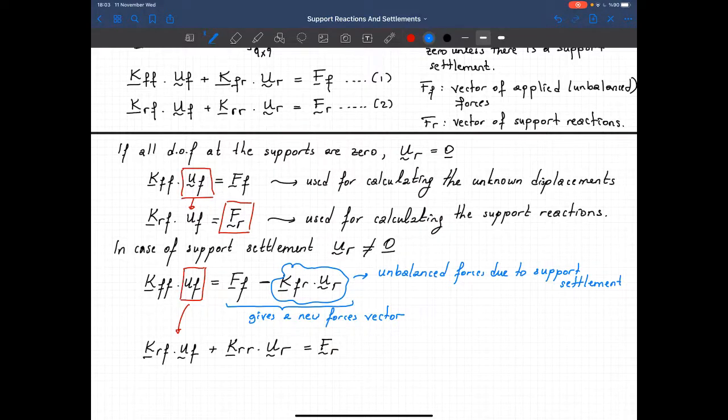So remember that this expression is support reactions due to displacements and this one is actually the fixed end moments due to support settlements. You can just think of it that way.